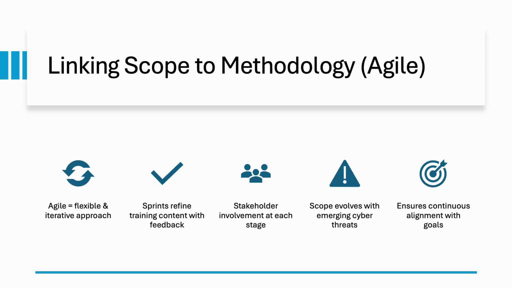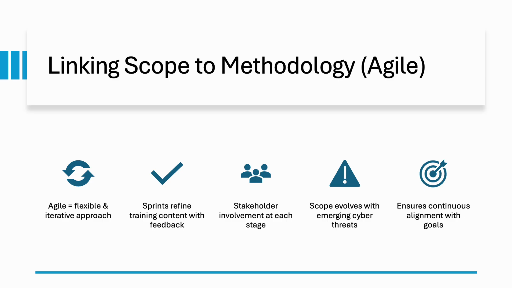One of the strengths of Agile is its ability to incorporate stakeholder involvement throughout the process. As we saw in earlier slides, stakeholders include executives, IT staff, HR, compliance officers, and general employees. Agile provides multiple opportunities for these groups to review the program and give feedback at sprint reviews or daily stand-ups.